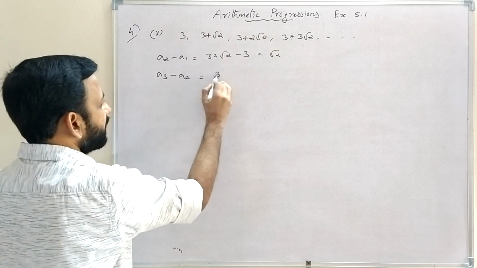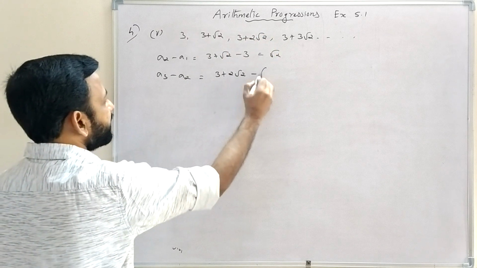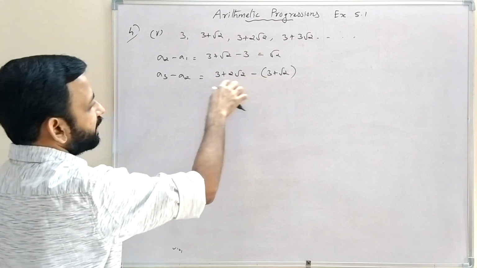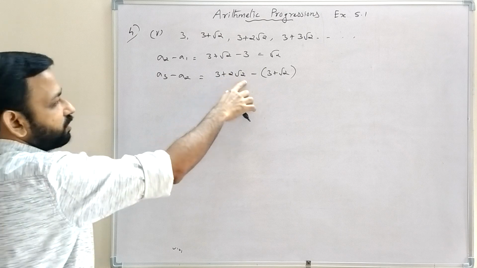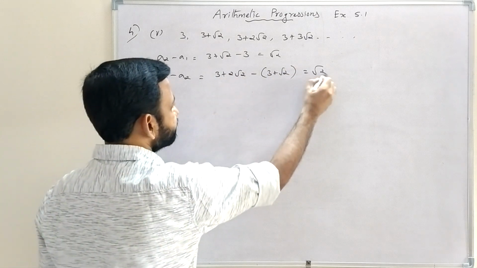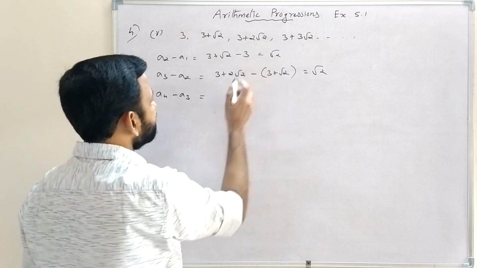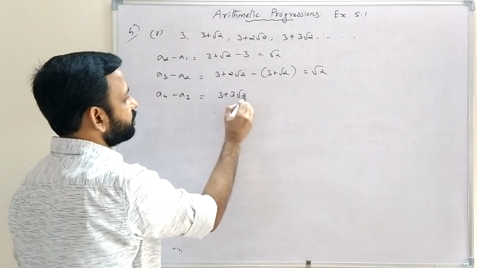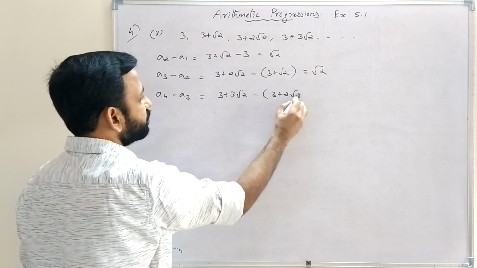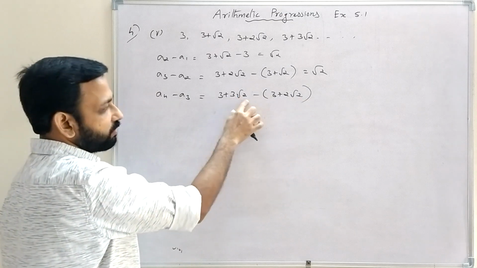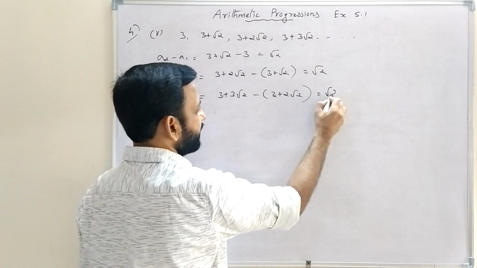A3 is 3 plus 2 root 2 minus A2, that is 3 plus root 2. And here 3 and minus 3 cancel. 2 root 2 minus root 2, that is 1 root 2. Then A4 minus A3. A4 is 3 plus 3 root 2 minus the bracket of 3 plus 2 root 2. When we open the bracket, 3 and minus 3 cancel. Then 3 root 2 minus 2 root 2, that is root 2 again.